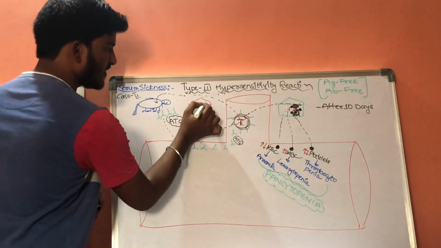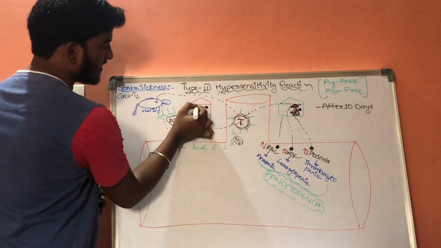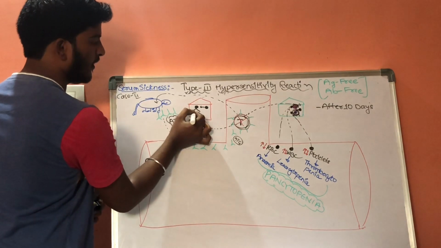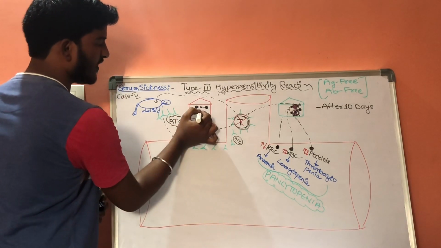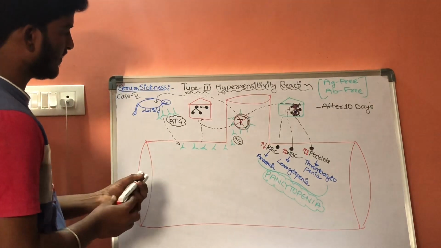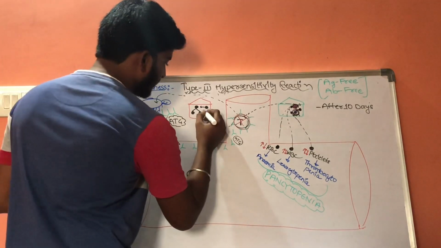Now it activates the T helper cells and the B lymphocytes, and they differentiate into memory cells and also into plasma cells. Now these plasma cells will secrete a special type of proteins called antibodies.